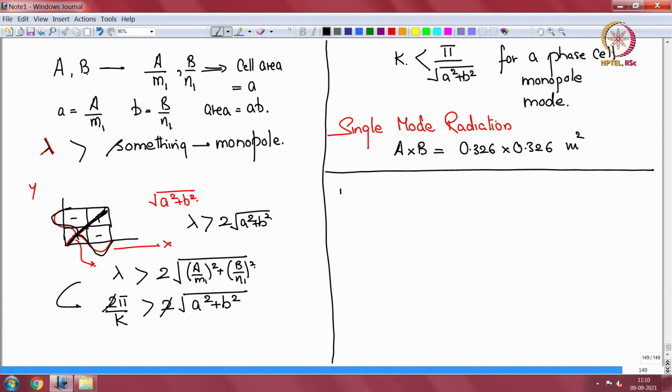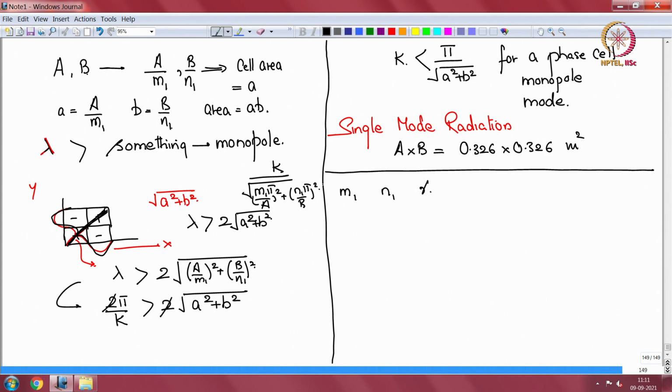So the M1 N1 mode, and we have gamma, which is of course k by square root of (m1 pi by a) whole squared plus (n1 pi by b) whole squared.